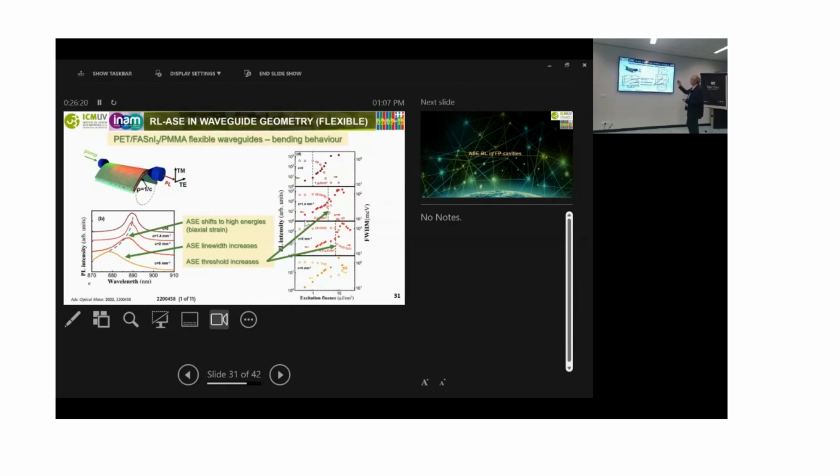And since we are using the flexible substrate, we can also tune a bit the wavelength of operation, shown here. Of course, the issue is that we also mechanically deform the film, and then also the threshold is damaged.